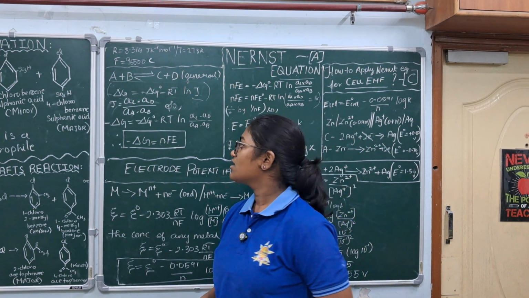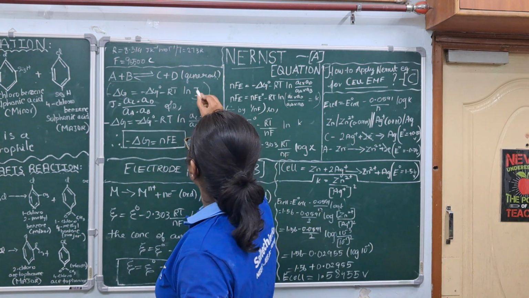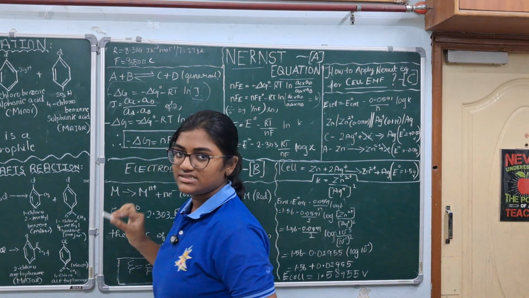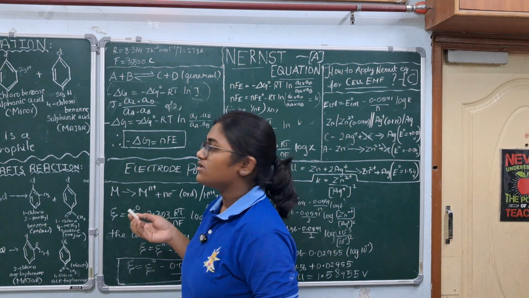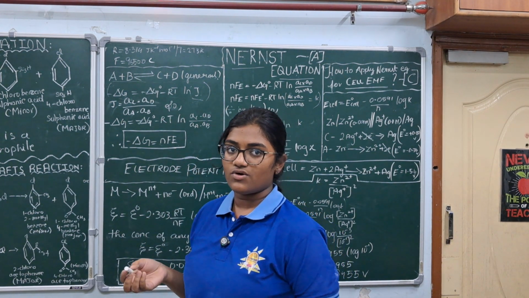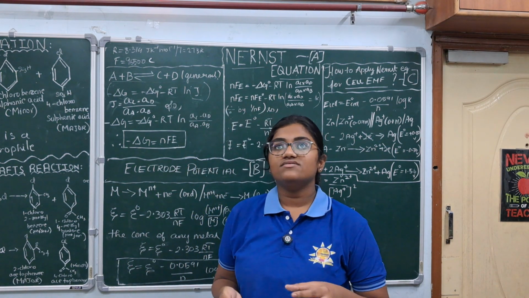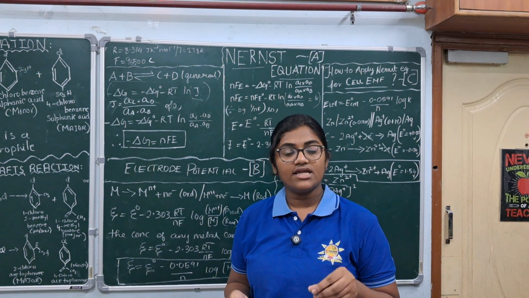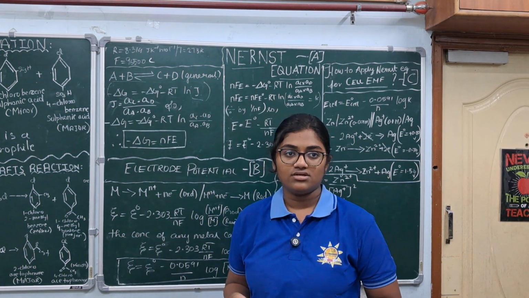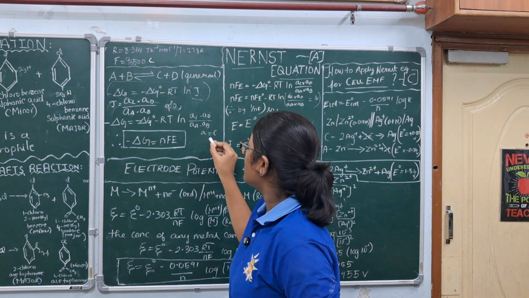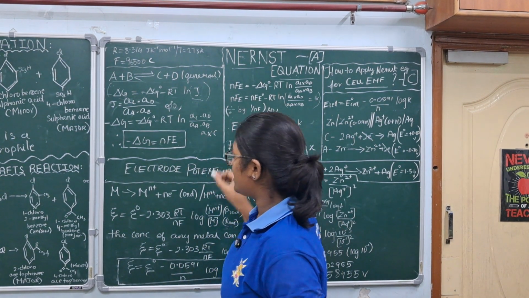Okay, right, proceed. So here the reaction quotient is nothing but A. A is activity, and it is also related to concentration. What is activity? It is the activeness of protons in a concentration, in a solution. A is proportional to concentration.